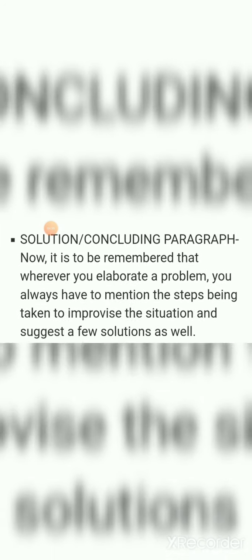Here we have the concluding paragraph, in which you are putting your solutions, your opinions, your suggestions. It is to be remembered that wherever you elaborate a problem in the main body with a set of examples, logic, and facts, you always have to mention the steps.